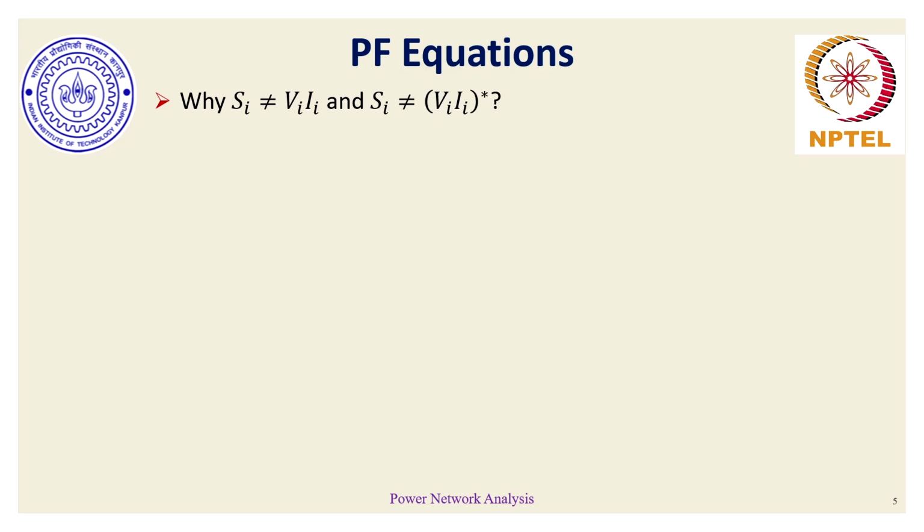The reason, which I had already mentioned in the first module, is that the intent of having this conjugate appearing on either voltage or current is to make sure that the power we are evaluating, be it real power, reactive power or complex power, is an average quantity.